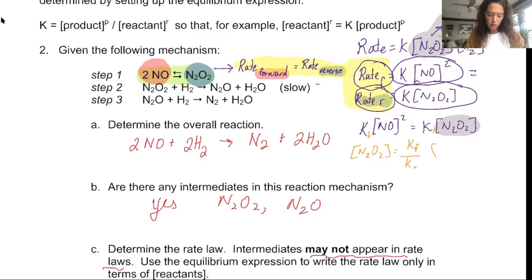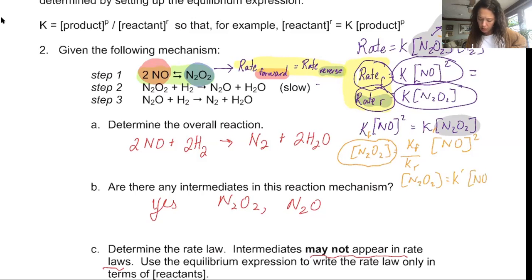We'll call this K forward, this K reverse, so N2O2 is equal to K forward over K reverse times NO squared. So I now know that the concentration of N2O2 is equal to a new K times NO squared.